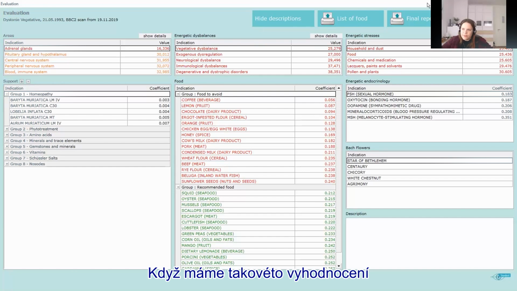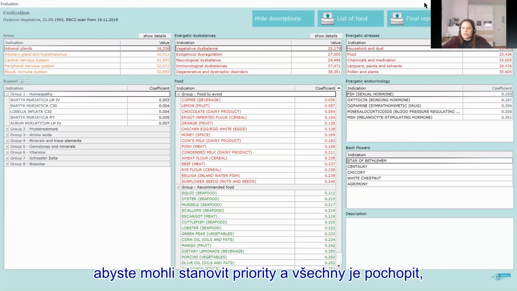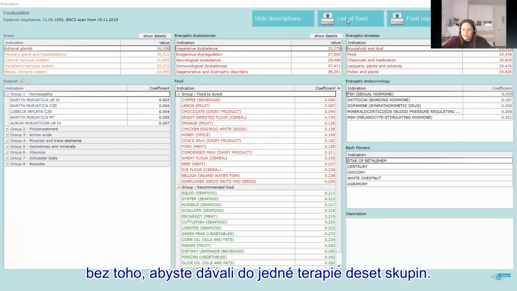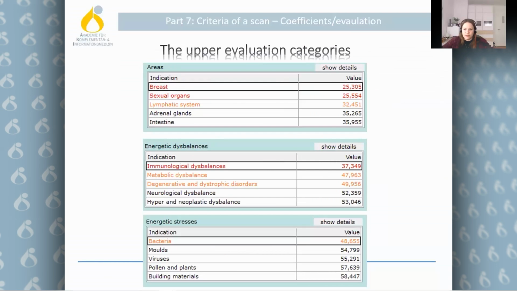When you have an evaluation like this, it's more important to read the story behind the scan, to be able to set priorities among all of these, to see what kind of groups you can connect to each other, to be able to start a good treatment without trying to get 10 groups into one treatment. So back to it.